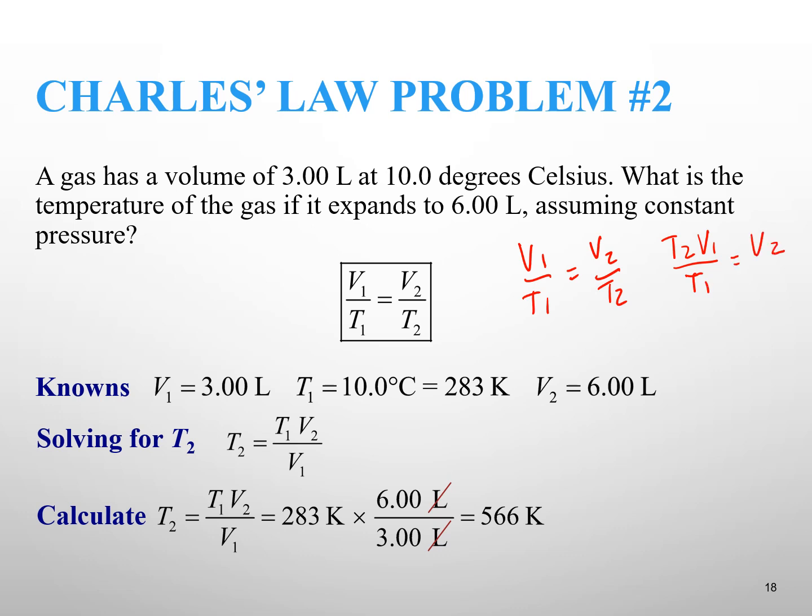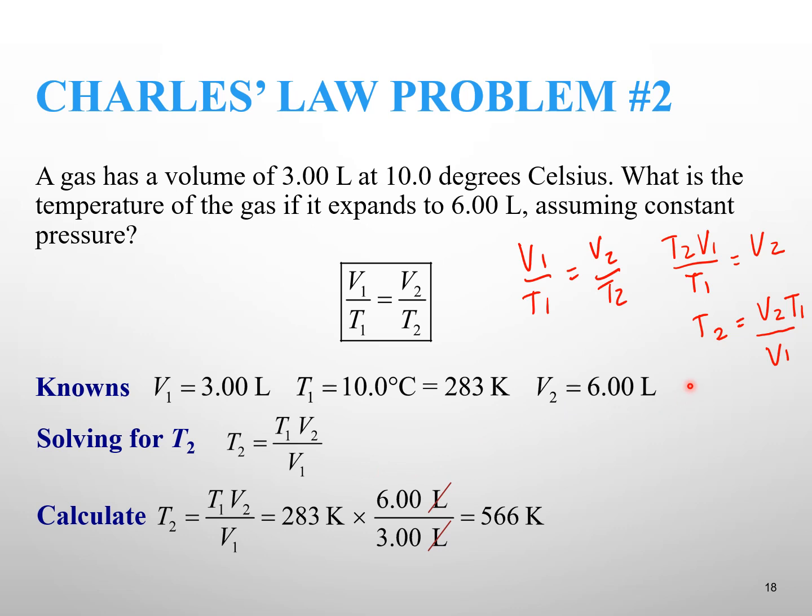Okay, so that's how my T2 went on the other side. And then to leave just T2 on one side, we take V2. First of all, we have to divide by V1 to get rid of that term. And then we also have to multiply by T1. And that's how we get this right here. It's just showing you algebraically.